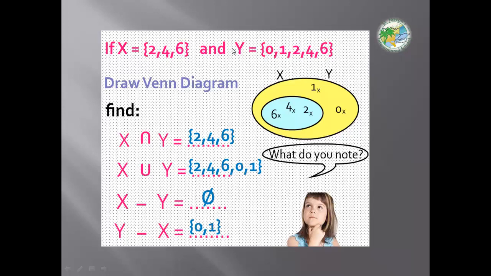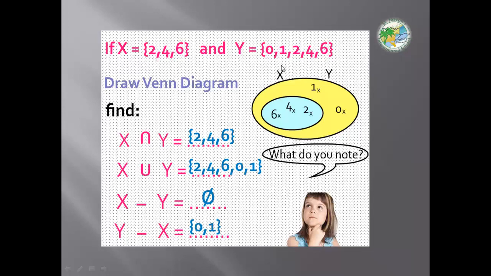So we can draw the Venn diagram of a subset, or inclusion of sets. X should be inside and Y outside. The elements inside X are 2, 4, 6.